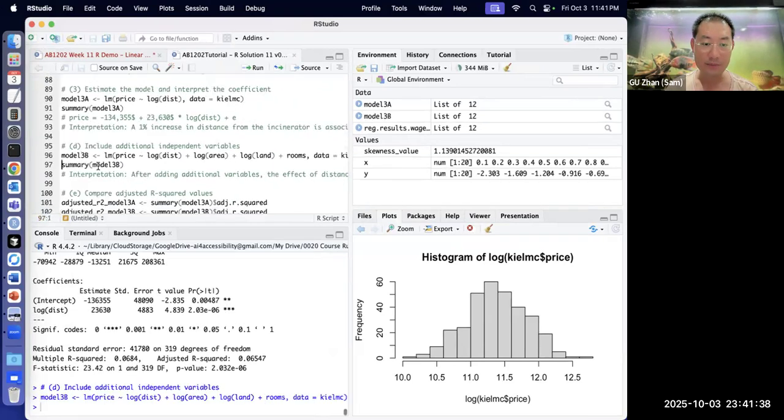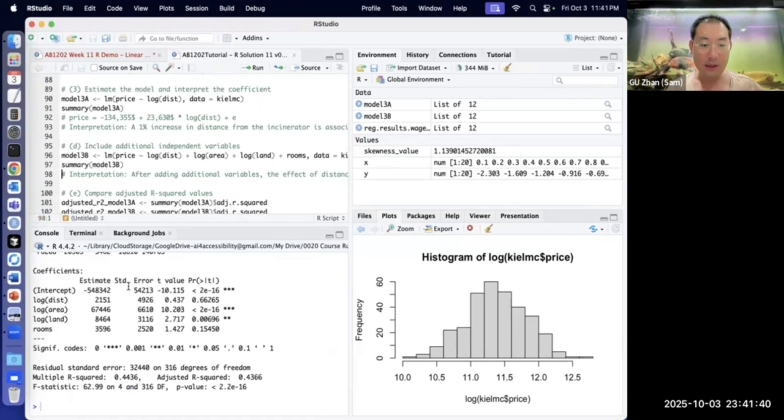Okay, let's run it. After running it, what you are noticing here is first, log distance, the beta parameter for log distance becomes insignificant. So this p-value is not significant. That means the distance might not be that important compared with other variables. What other variables are more important?